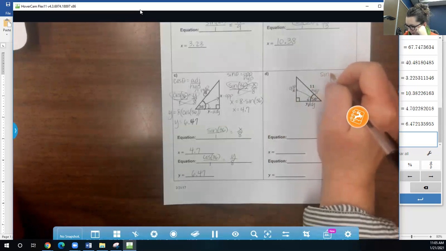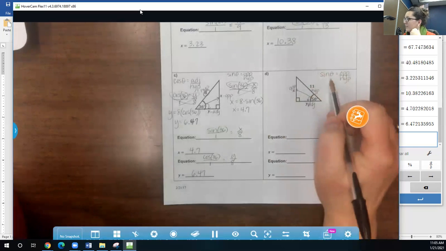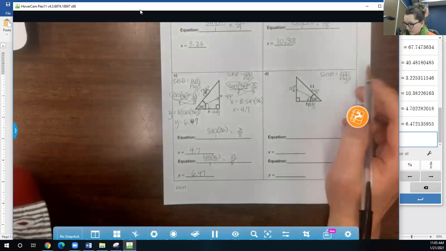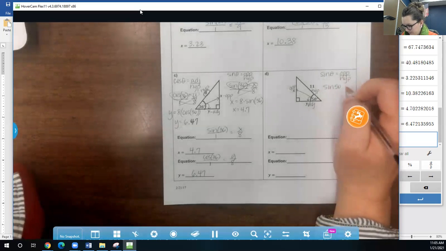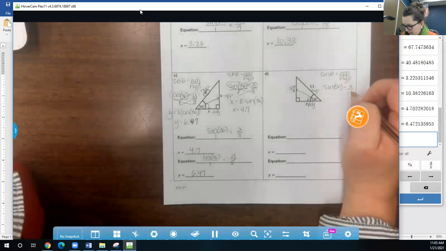So we're going to do sine of theta equals opposite over hypotenuse. And I'm telling you, the hardest thing about these is just trying to decide which trig function to use. So we're going to say sine of 50 equals x divided by 11.